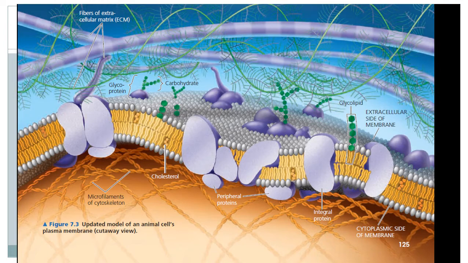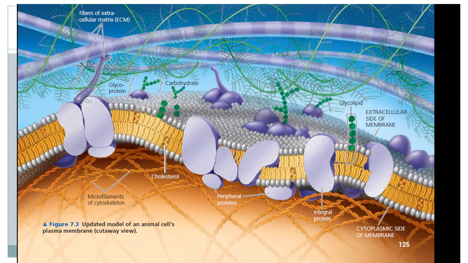Integral proteins penetrate into the hydrophobic interior of the lipid bilayer, and the majority are transmembrane proteins which span the membrane. Other integral proteins extend only partway into the hydrophobic interior, while the peripheral proteins are not embedded in the lipid bilayer at all.